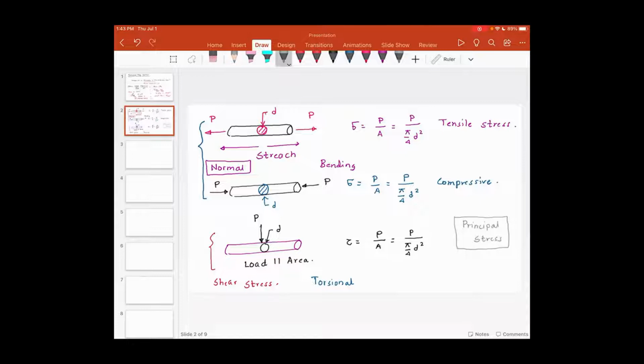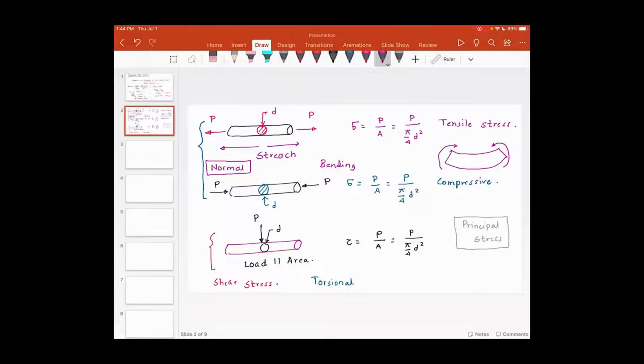Now, if you look at the bending stress, what we are assuming is only the normal stress is acting. If you look at the torsional stress, and I want to give you an example. We will work out these problems in today's class, but I want you to look at this example. If you have a beam, and on this beam, you have a moment. What happens because of this moment is that the beam bends.